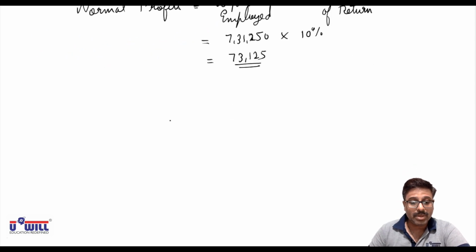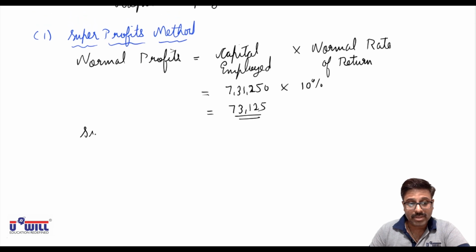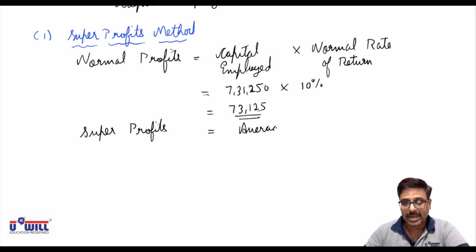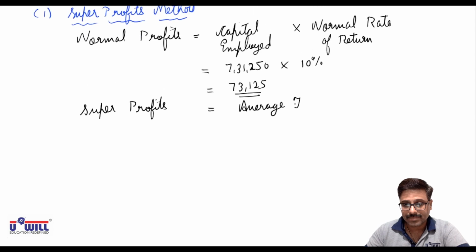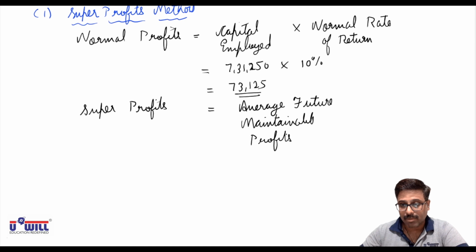Now we find the super profits. How much profits we are earning over and above the profits of other businesses. So average future maintainable profits minus normal profits. So what are the excess profits which we are earning?